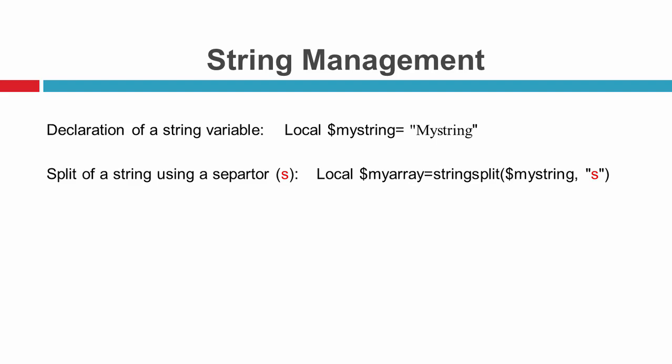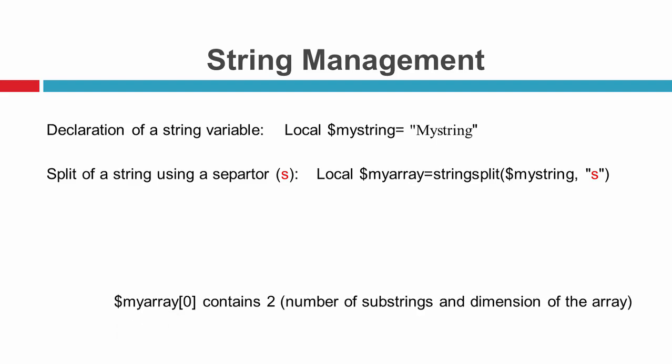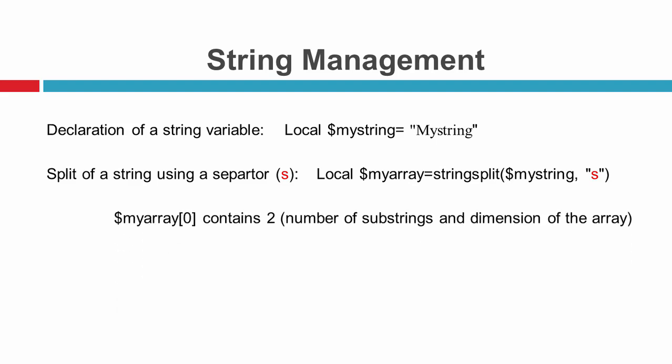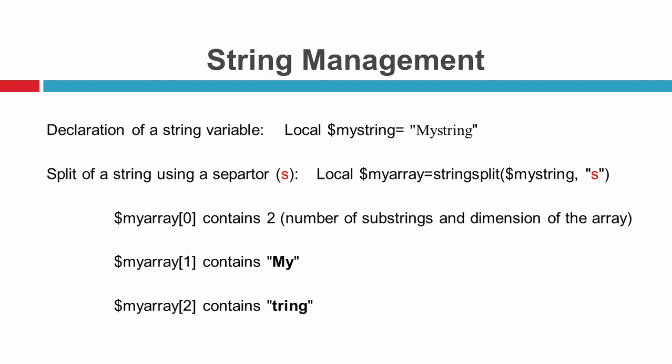The $myArray variable will contain an array which will have as its members: $myArray[0], the number of substrings, and also the dimension of the array. $myArray[1] will contain my, and $myArray[2] will contain string.